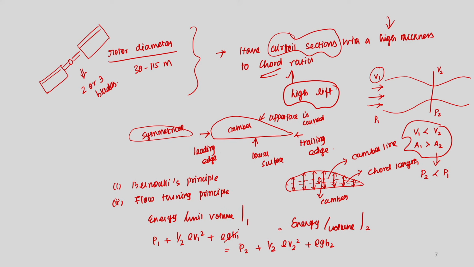If both are the same, then whatever is happening with velocity, increase or decrease, has to be compensated with the pressure increment or decrement. That is what is happening here.